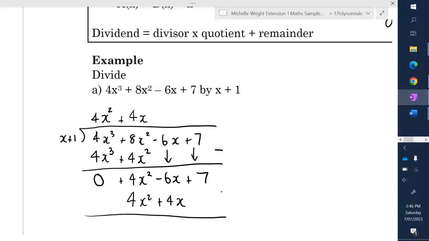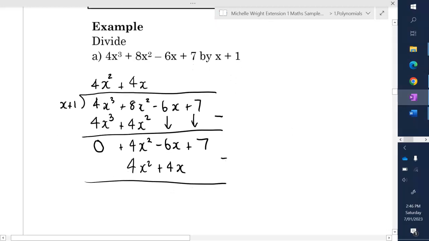We draw our line, and we're going to be subtracting this top polynomial, take away this bottom polynomial, and it's minus each of those terms. So if you've done it correctly, what should happen is this first set of terms are going to disappear. 4x squared, take away 4x squared is nothing. Now, minus 6x minus 4x is minus 10x. 7 comes down because there's nothing there.